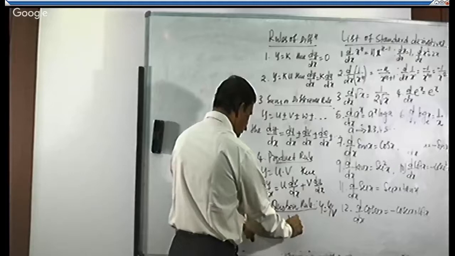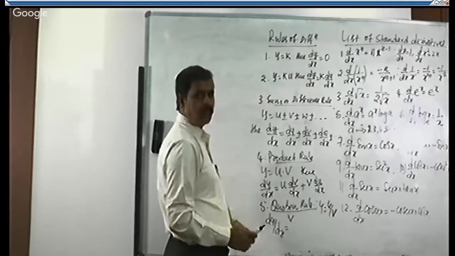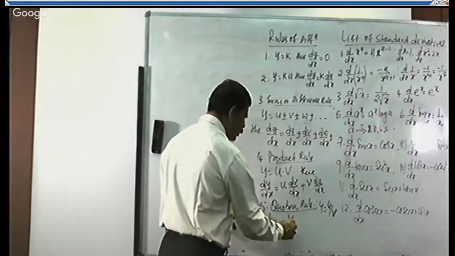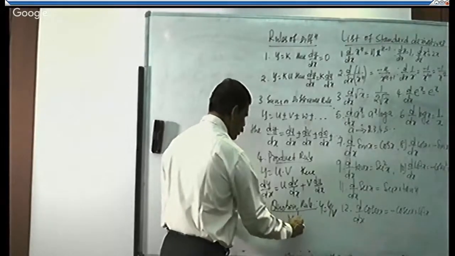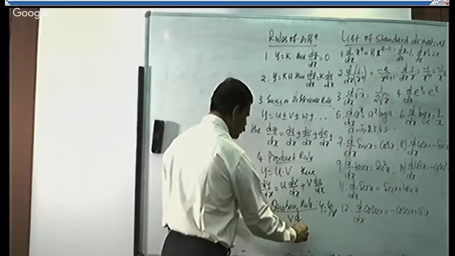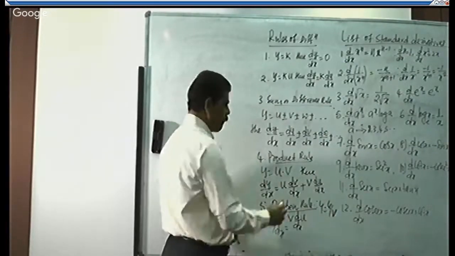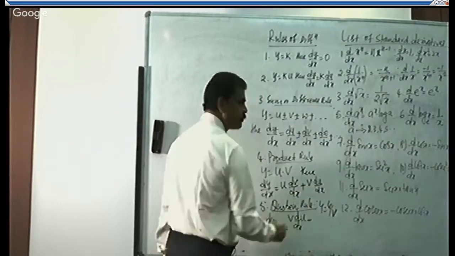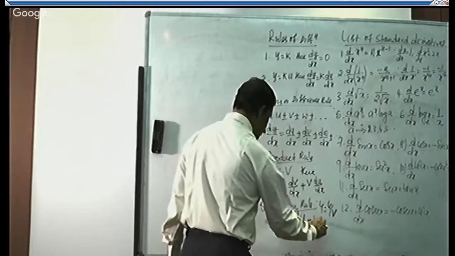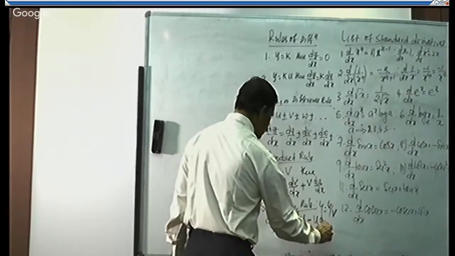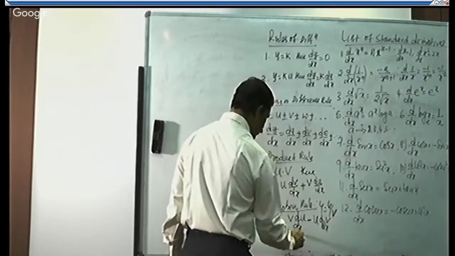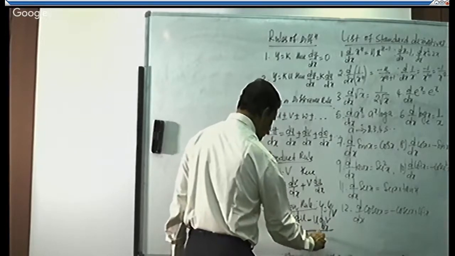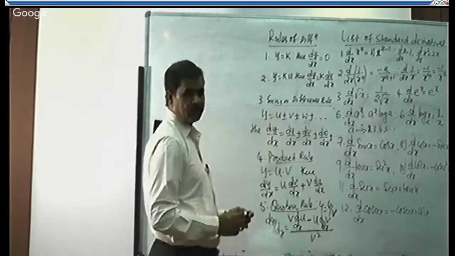We have to start with v. The rule is almost similar to product rule, but here we start with v, that is denominator, into differentiation of numerator. We have plus in the product rule, here we should have minus, keep u as it is, differentiate v, whole divided by v square, denominator square. Got it?